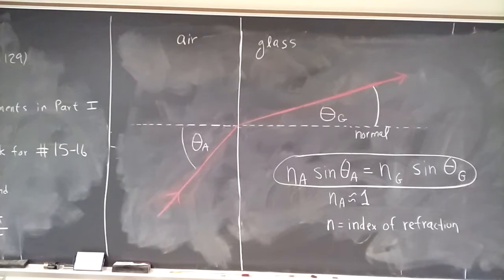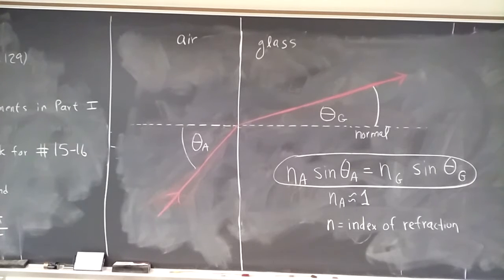There's a quantity called the index of refraction. That's what the N stands for. Every substance that light can travel through has an index of refraction, okay? And for air, it happens to be approximately 1. So we're going to just say index of refraction of air is 1. In reality, it's like 1.000 some other decimal places, but close enough to 1, we just say 1.